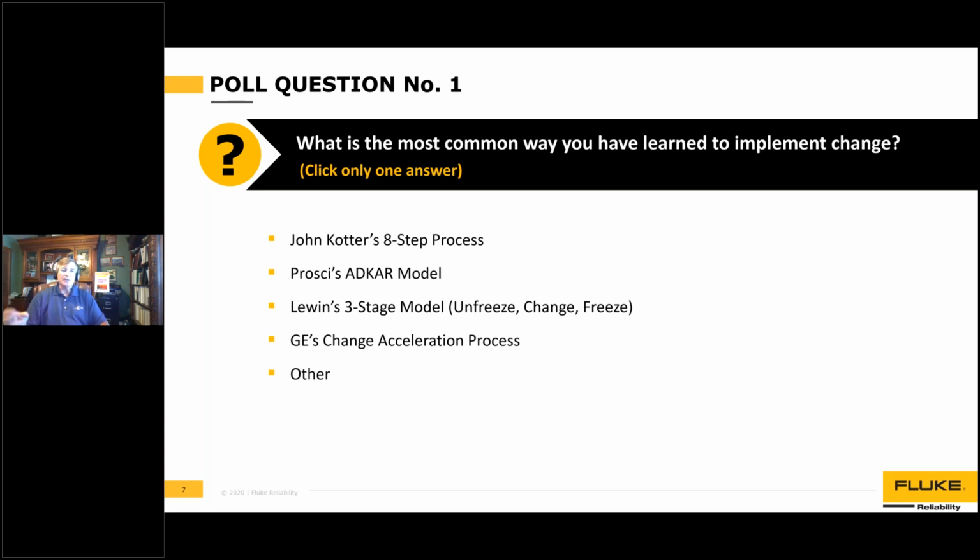Prosci also has another one that's for organizational change. Then there's Lewin's model. If you Google any of these, you can find them on the internet. Lots of stuff has been written about all of those four methodologies. So again, the type of methodology that you use is really immaterial to me. It's more having the capability to carry them out is what I'm getting at.